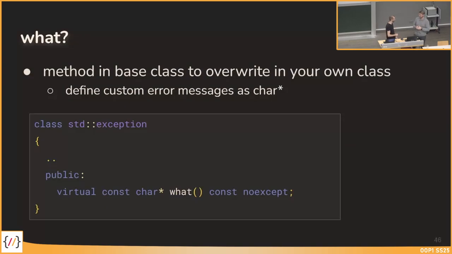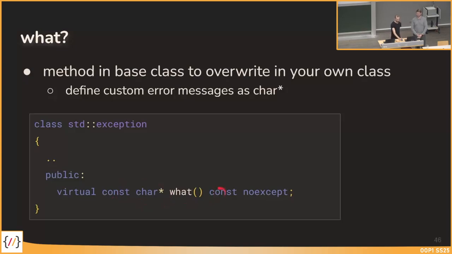Now it's getting complicated because we have to have a look at the standard exception class, the base class of all the exceptions in the standard library. This one has a method: virtual const char pointer what() const noexcept. This is the function name, and the return type is a const char pointer, so it returns a string that you cannot modify.